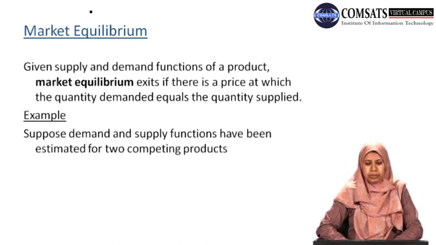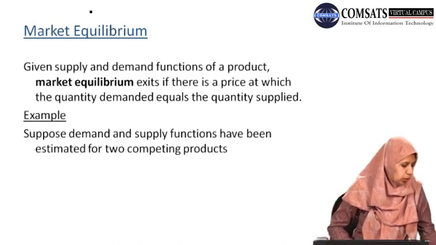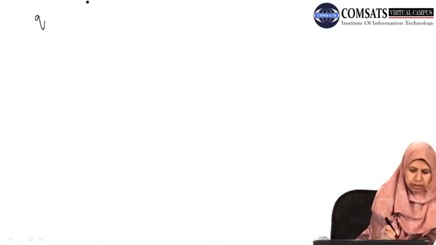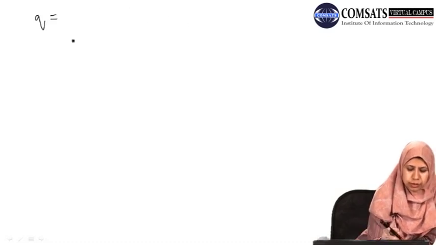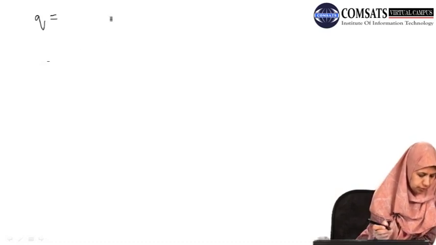For example, suppose demand and supply functions have been estimated for two competing products. For example, if we have the demand function Q in terms of the prices of two products.